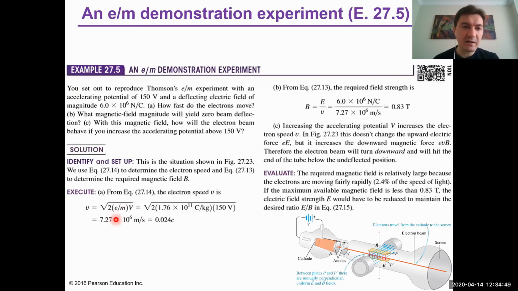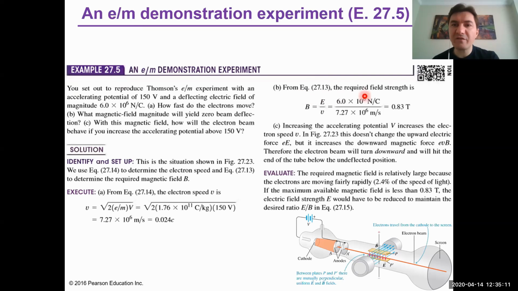Put them here, and the voltage is 150 volt between cathode and anode, which is also given. Then you can calculate the velocity of the electron, 7.27 times 10 to the 6 meter per second. You can also write this in terms of the velocity of light; it is lower than the velocity of light.